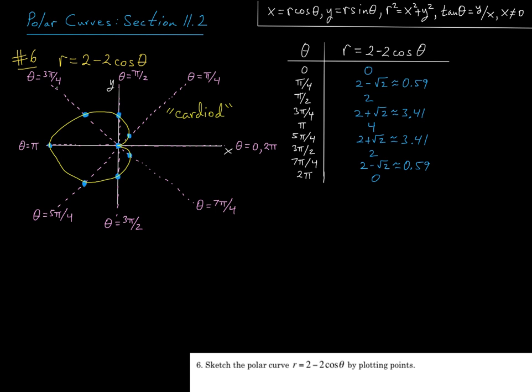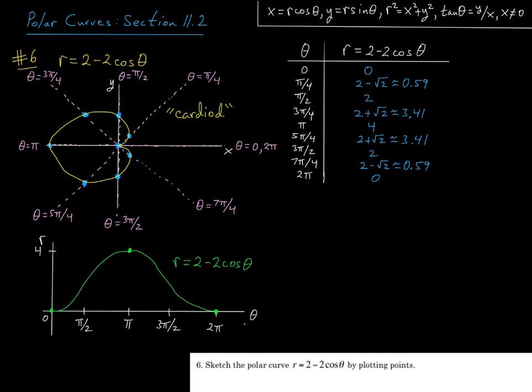And the first is that if I look at this polar equation, r equals 2 minus 2 cosine theta, and I think about its graph in the r theta plane, well, when theta is 0, r is 0, and then as I increase theta, r increases and reaches a maximum of 4 when theta is pi, and then we decrease back to 0 when theta is 2 pi.